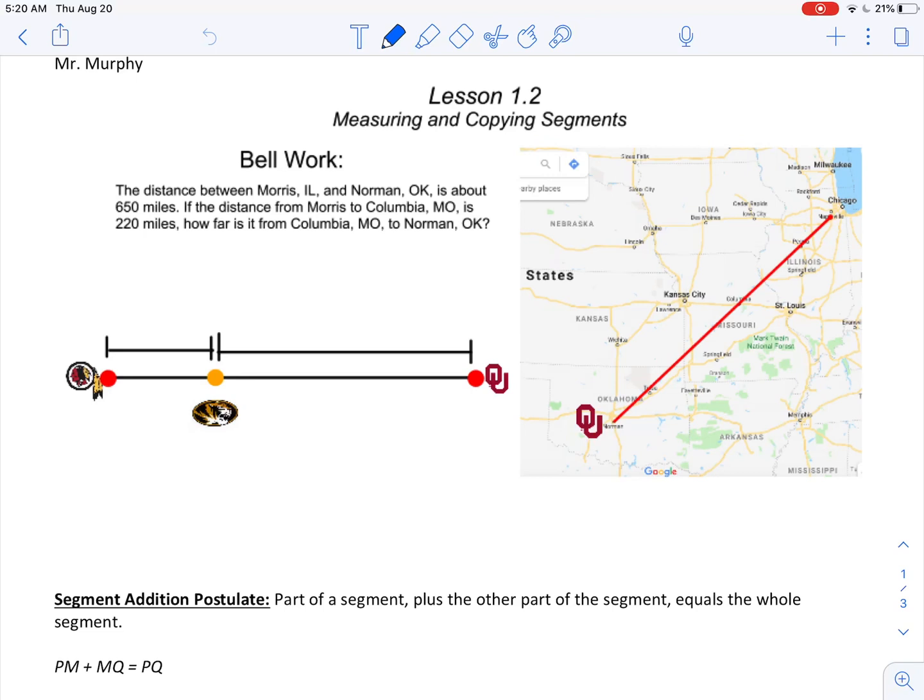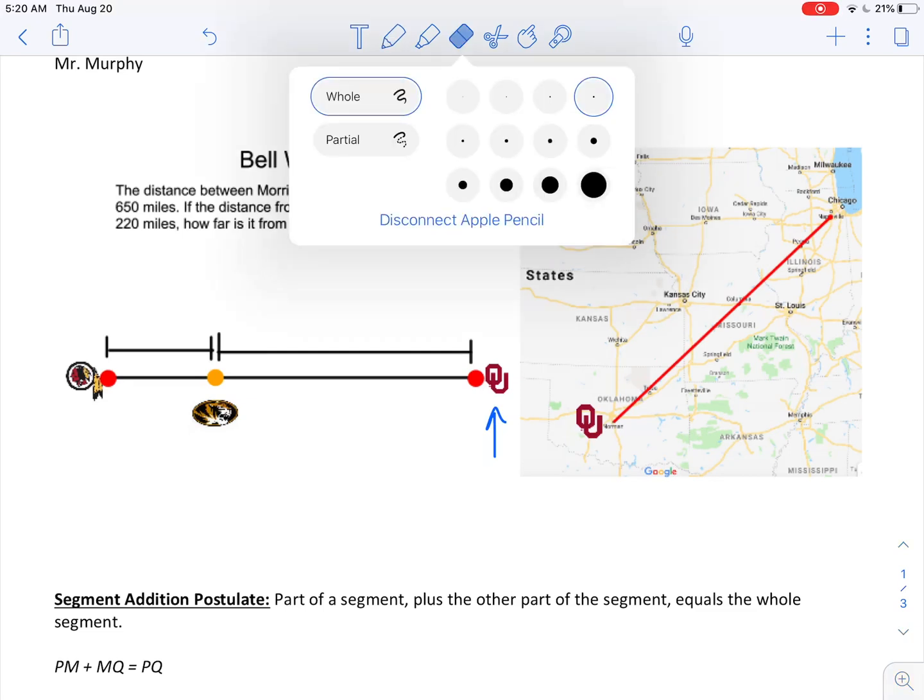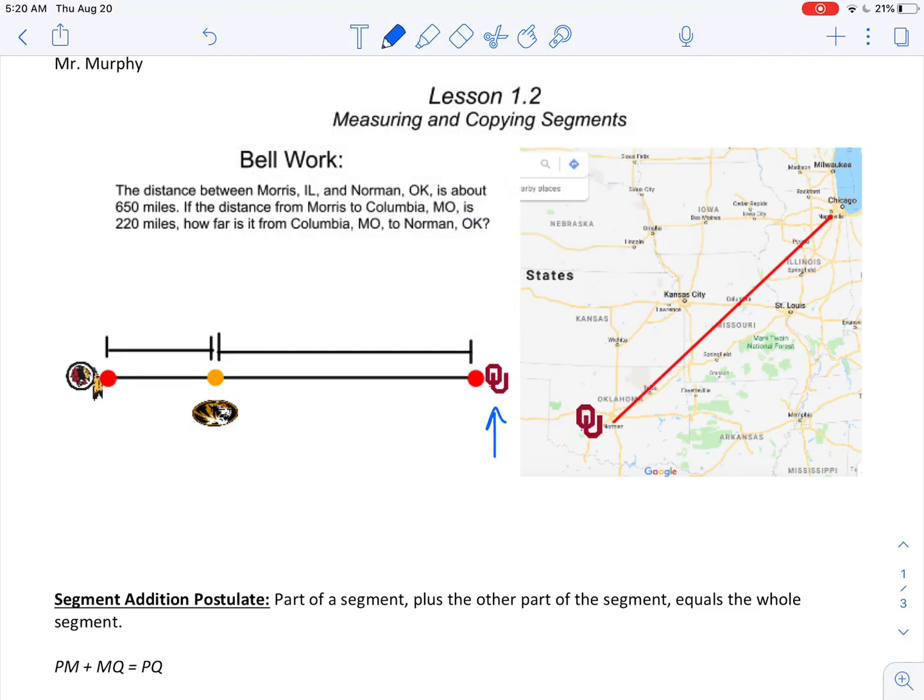The distance between Morris and Norman, Oklahoma, that's where OU plays, is about 650 miles. So this whole distance here is 650 miles.